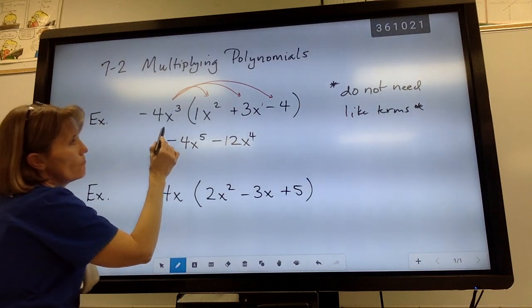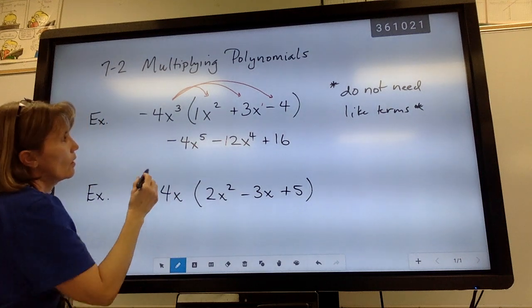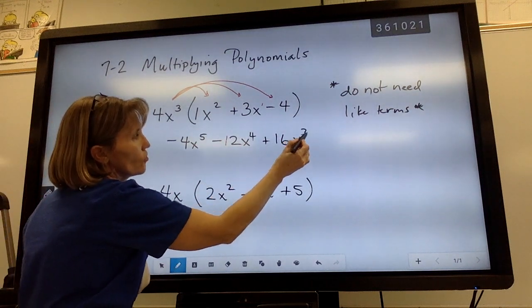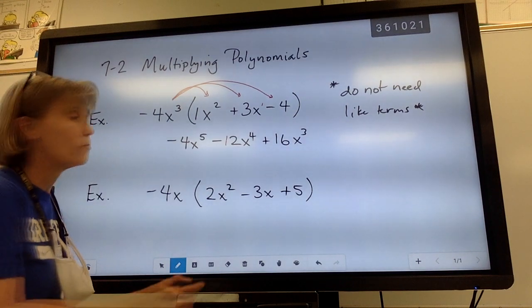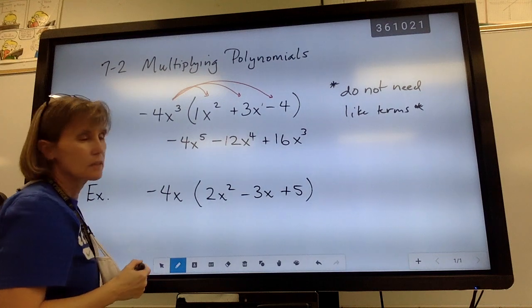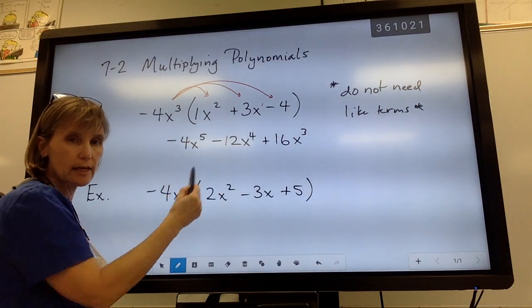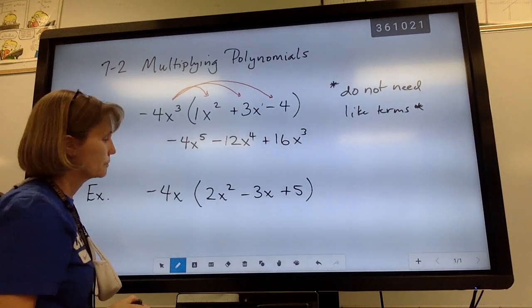I take a -4 times a -4, I get a +16, and then I've just got that x to the third that doesn't have anything to multiply with. So my answer is -4x to the fifth minus 12x to the fourth plus 16x to the third. And it's in standard form, the greatest exponents first, and it goes down from there.